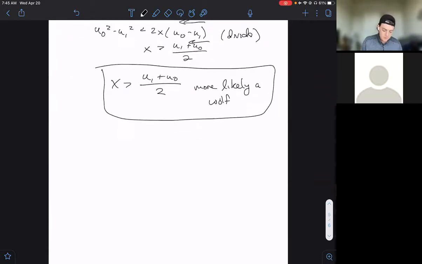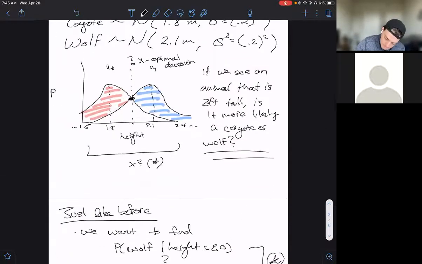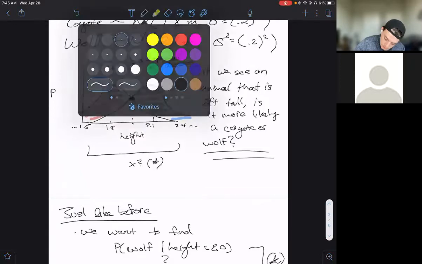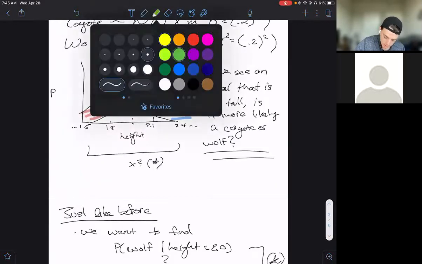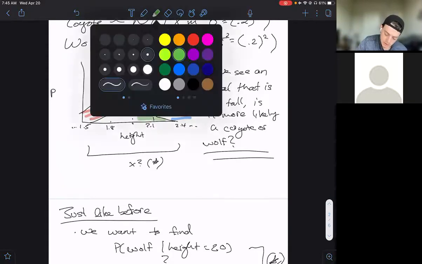What is the error, you say? With the mu1 and mu2, we can directly enumerate it, but we can see that the error is when both classes are incorrectly classified. If we're always saying that if you're over this x value, you're going to be a wolf, or more likely to be a wolf, then we're going to get all of these guys over here wrong, where it's a coyote that may be greater than this optimal decision boundary.